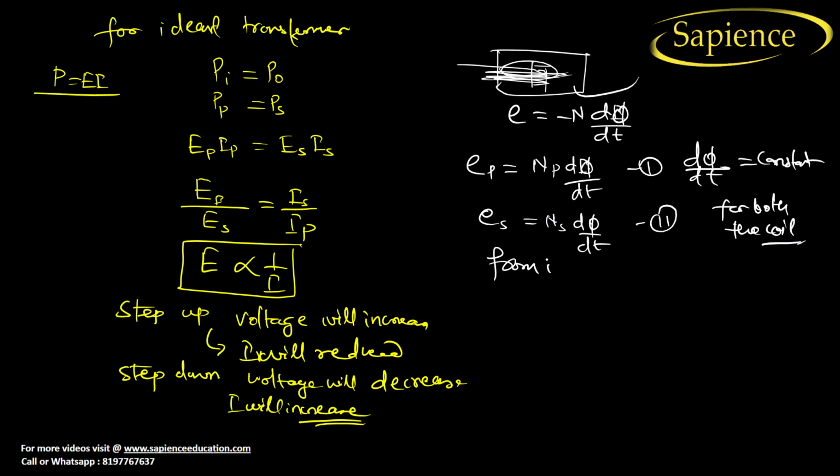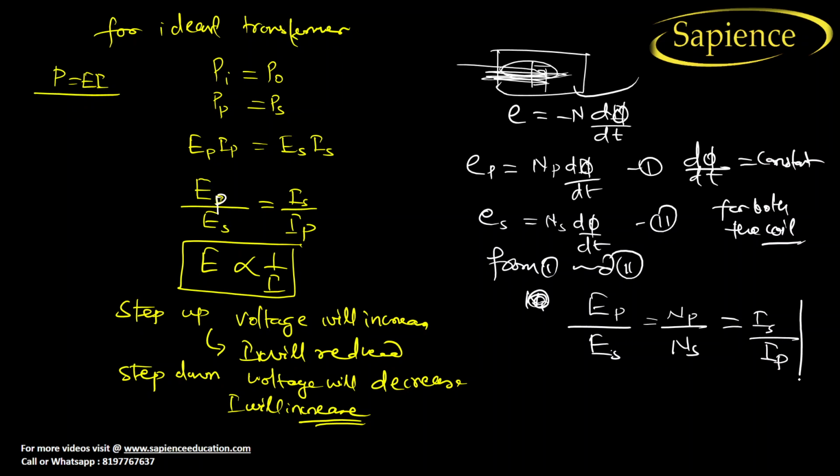So from 1 and 2 we can say that E_P can be written like this also. If you divide, E_P by E_S can be written as N_P by N_S, and E_P by E_S can also be written as I_S by I_P. So this is important, and this relation is known as the transformation ratio.